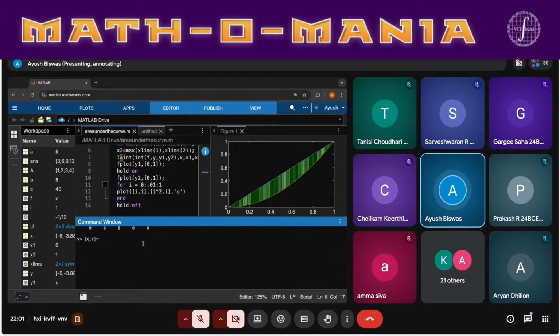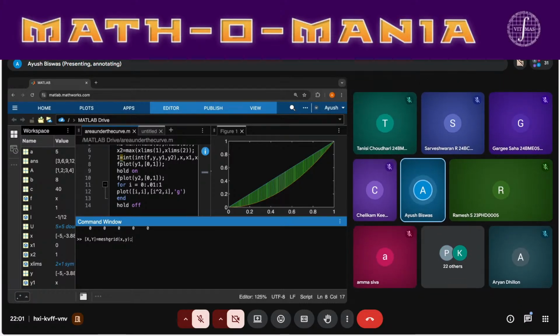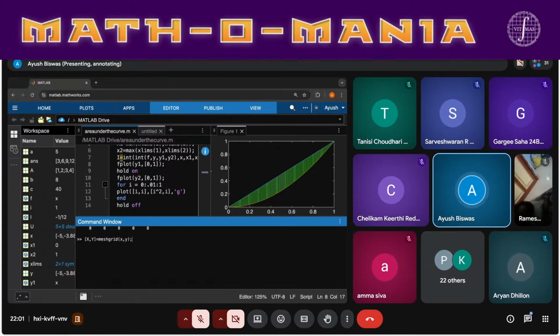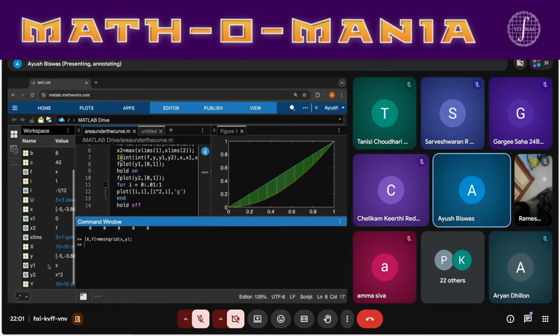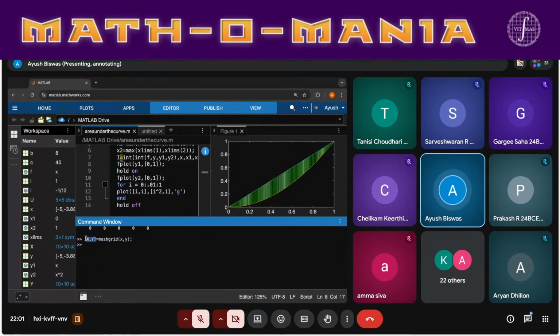In MATLAB, what we do is we use the function meshgrid, and we basically just input the linear vectors we want to make the meshgrid of, and MATLAB basically creates the 2D grid. So now X and Y represent the 2D grid.